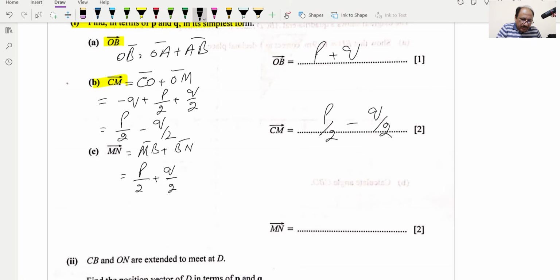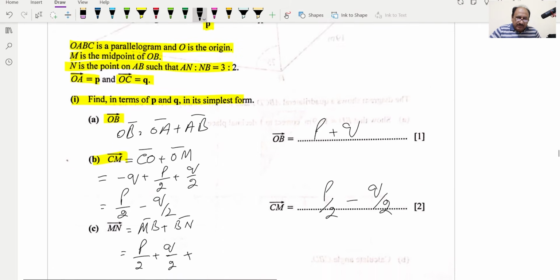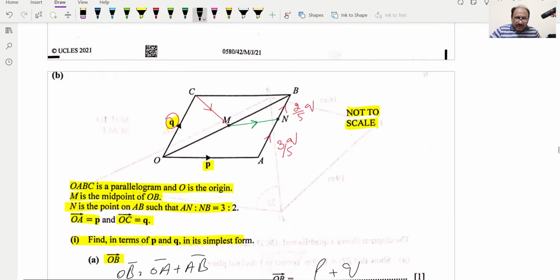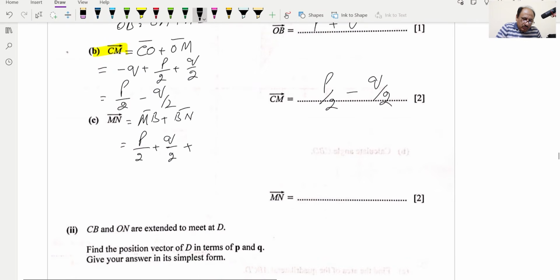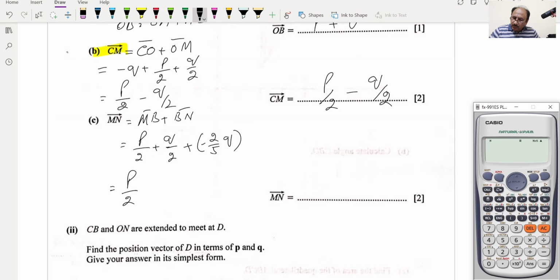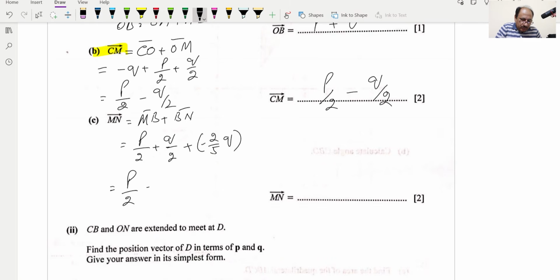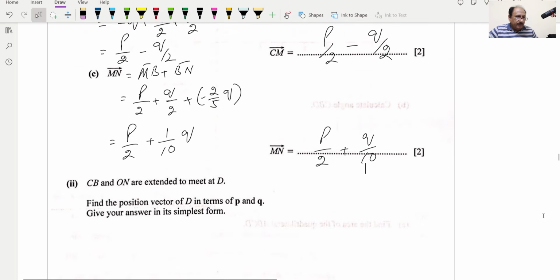And BN is minus 2 by 5 Q. Now adding like terms, this will be P by 2, and for Q, 1 by 2, 0.5 minus 2 over 5, which is 1 over 10. So we can write P by 2 plus Q by 10. This can be the answer. It is a 2-mark question.